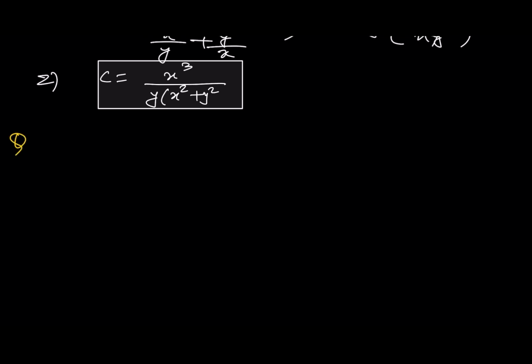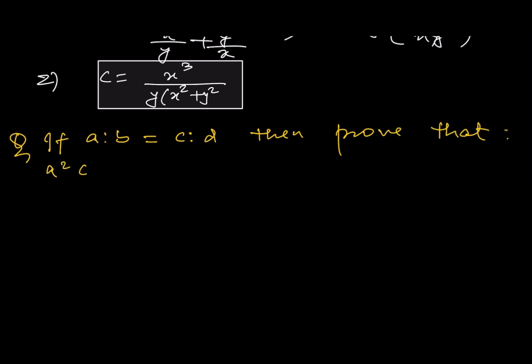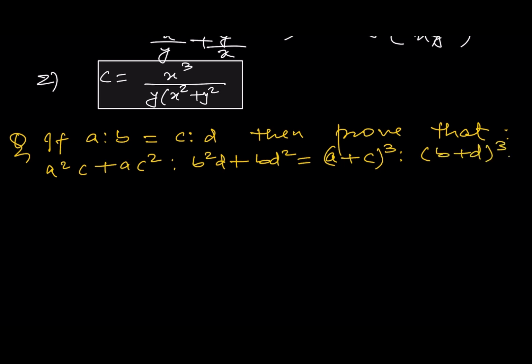Question is, if A is to B is equal to C is to D, then prove that A square C plus AC square is to B square D plus BD square is equal to A plus C whole cube is to B plus D whole cube, right?